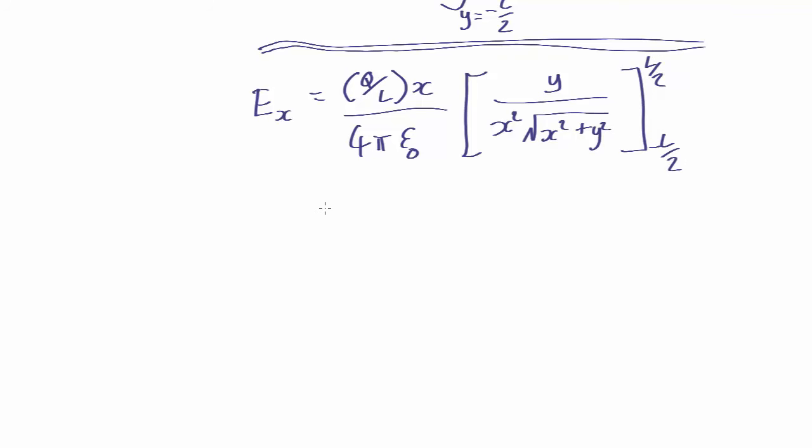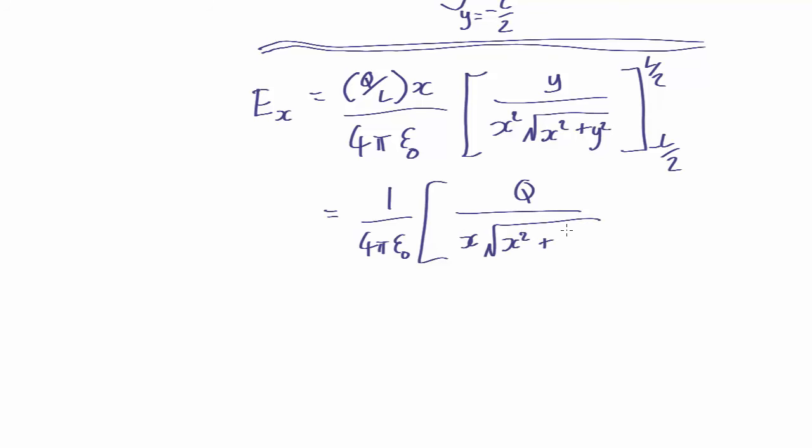And if you substitute all that in, it comes out as 1 over 4 pi epsilon naught, q over x root x squared plus L over 2 squared. And this is now an accurate expression.